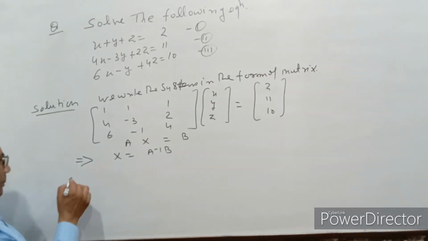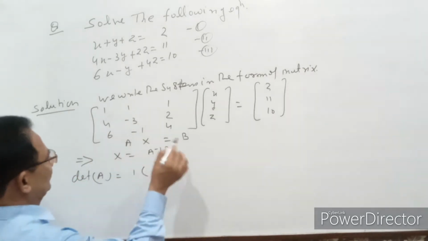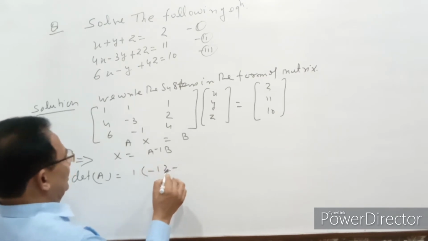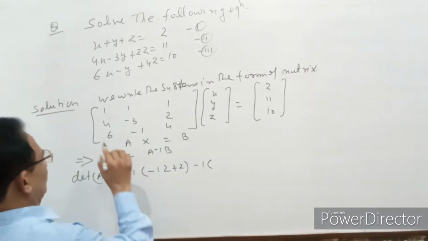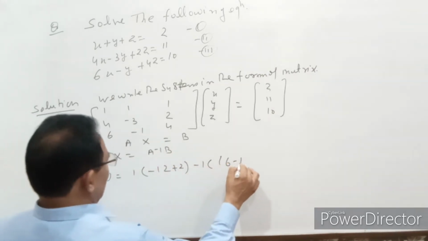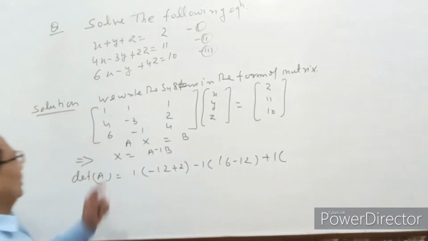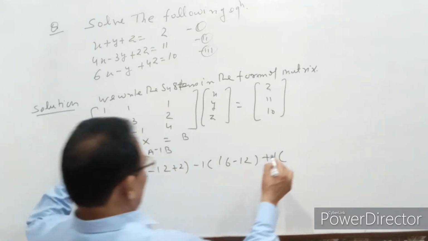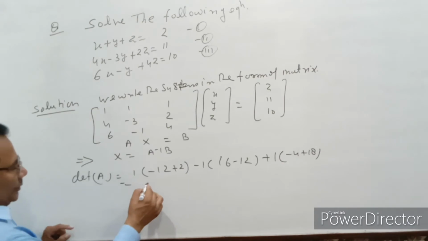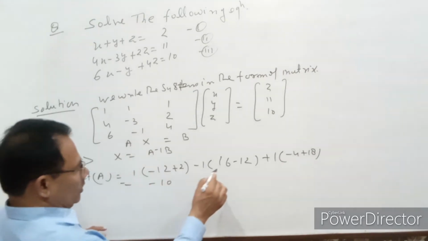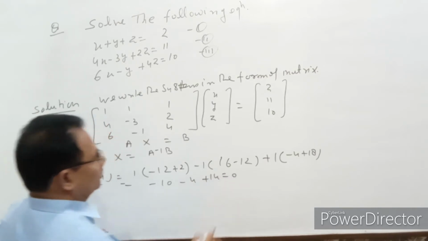So first of all, we find the value of that A. A is equal to 1 into minus 12 plus 2, minus 1 into 16 minus 12, plus 1 into minus 4 plus 18, and this is equal to, if you see, minus 10, 16 minus 4, that is plus 14, is equal to 0.